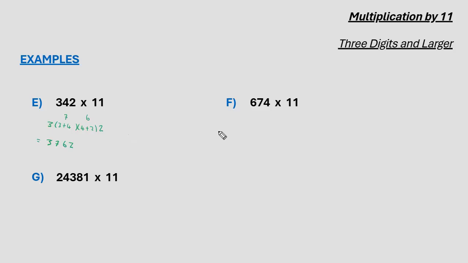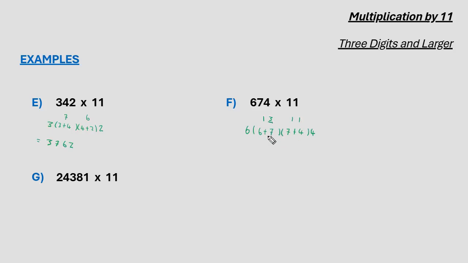Let's try this again with example F. See what we get. 6 plus 7 and 7 plus 4. 6 plus 7 gives us 13. 7 plus 4 gives us 11.